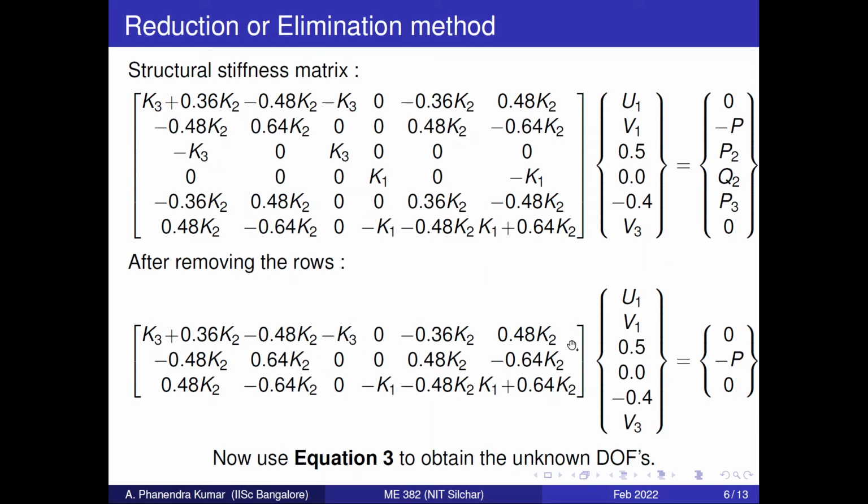So this will be moved aside, and after minus 0.48 K2 we will get 0.48 K2, 0.64 K2. Beside this we will get minus 0.462, 64 K2. Similarly, once we replace this column in the third column, we can obtain u1, v1, v3 in a line and 0.5, 0.0, minus 0.4 in a line.